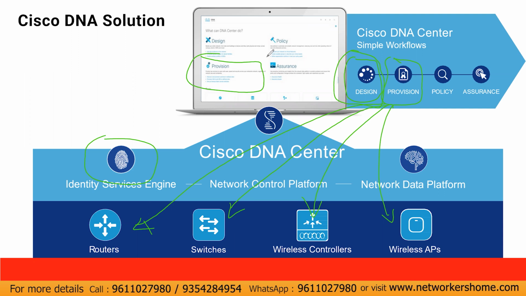The port level configuration, whether to allow a single identity or a group of subnets on that specific port, or make it a trunk port so that anyone connecting on that can have access to anything. Or we have a specific option that a wireless AP is connected on that port, so that the edge switch comes to know it is an access point, pushes the specific configuration related to the wireless access point, and enables the CDP protocol on that port. Everything is done in this provision part.